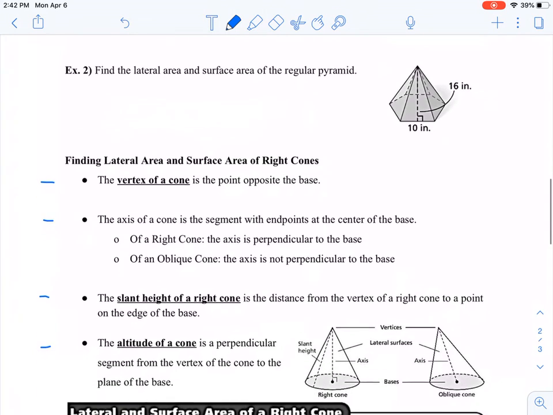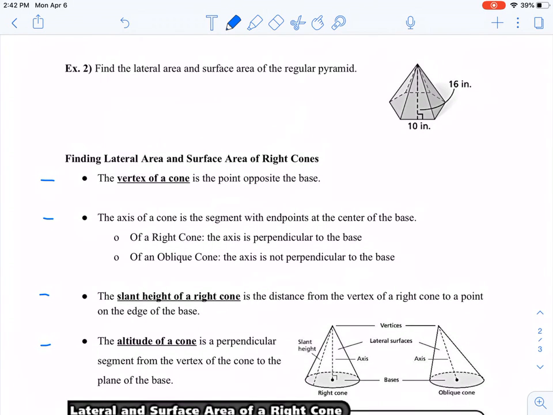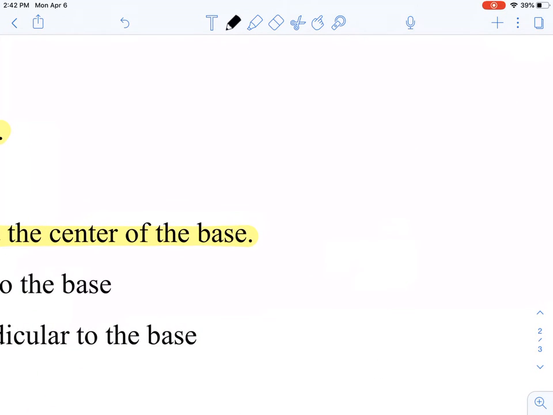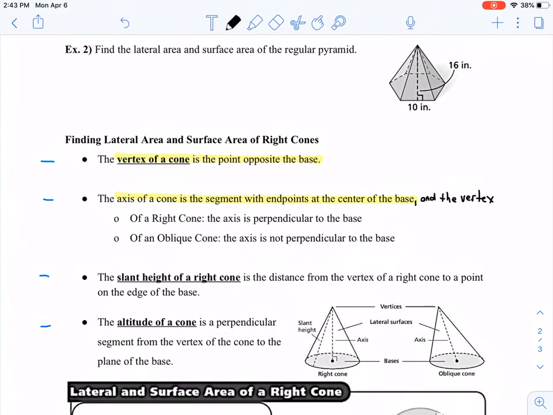Moving on to a right cone. Here we have the vertex. Well, the vertex is pretty much the same thing as a pyramid. It's going to be the point opposite of the base. The axis of the cone is, and I think we have to add to this a little bit, the segment with endpoints at the center of the base and the vertex.